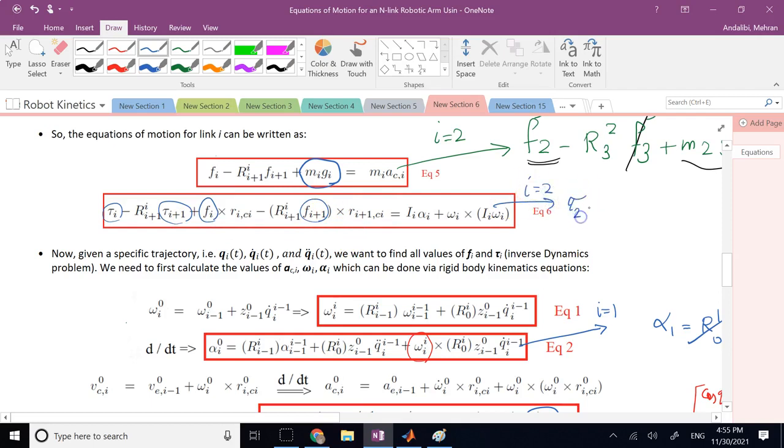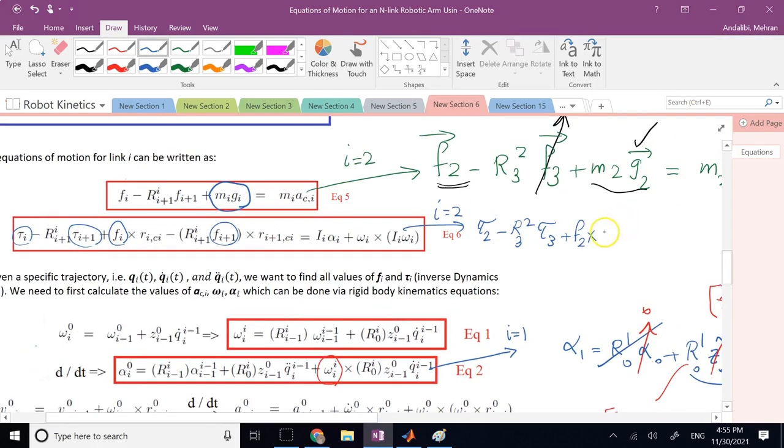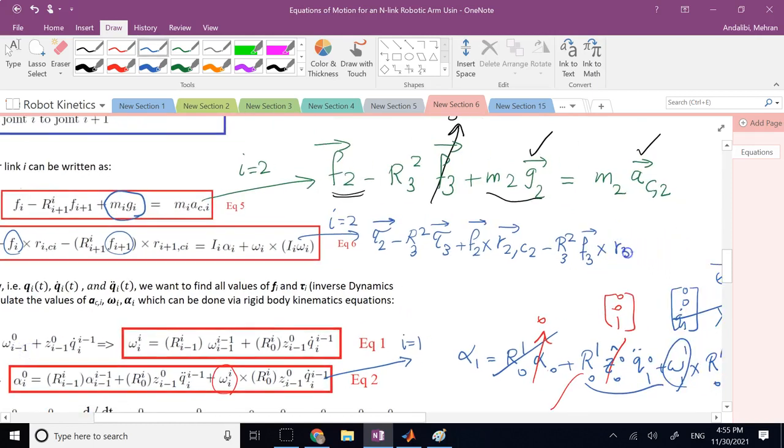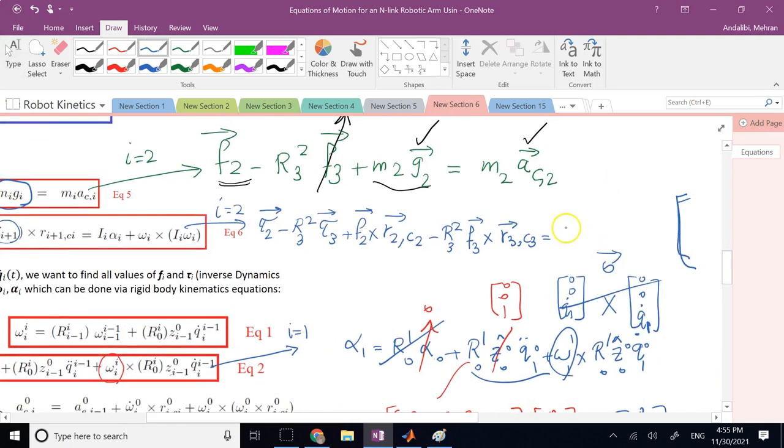So you have tau2 minus R of 3,2 tau3, and then plus F2 cross R of 2 and C2, and then minus R of 3,2 F3 cross R of 3 and C3 is equal to, and now you have I number 2 alpha 2, correct?